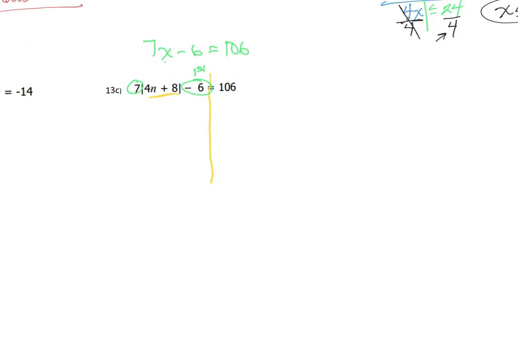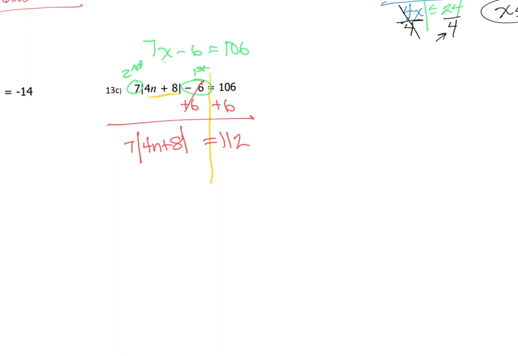I'm moving the negative 6 first, the 7 second. Order matters in math. So how do I move a negative 6 to the opposite side? I add. I use opposite operations. So I'm left with 7 times the absolute value of 4n plus 8 equal to 112.